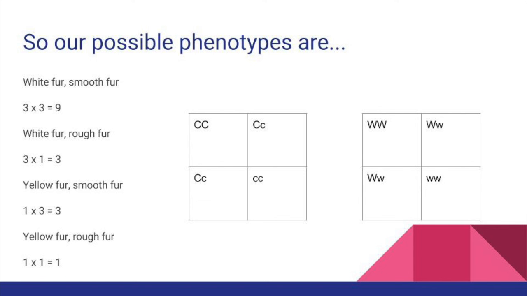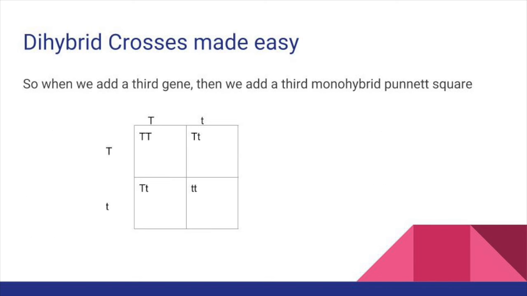So instead of doing the dihybrid cross, I have done 2 monohybrid crosses and come up with the expected ratio, 9:3:3:1.